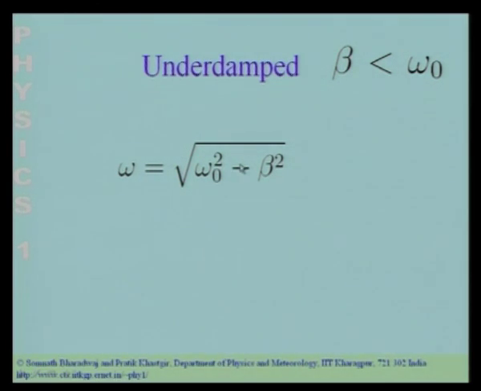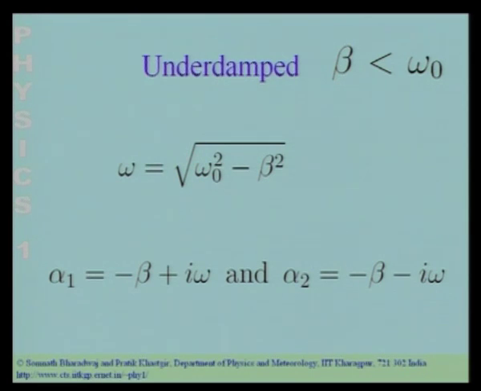The square root of this is defined to be omega. And in terms of this variable omega, the two roots alpha 1 and alpha 2 can be written as minus beta plus i omega, that is alpha 1, and alpha 2 is minus beta minus i omega, where, again I will repeat, omega is square root of omega naught square minus beta square.